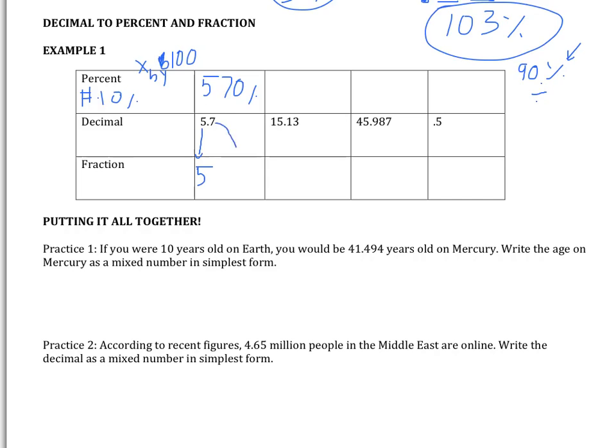The 7 is the part that we have left of the pizza. Well, 7 is in what decimal place? It's the tenths decimal place. So we're going to put the 7 over what number, do you think? The 7 is going to go over 10. So our answer in this one is 5 7/10.